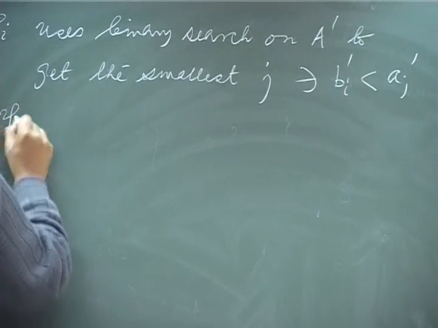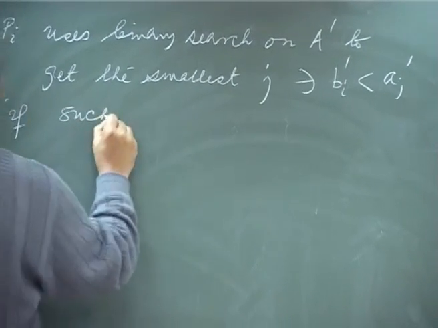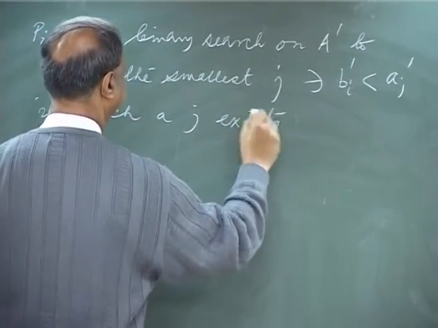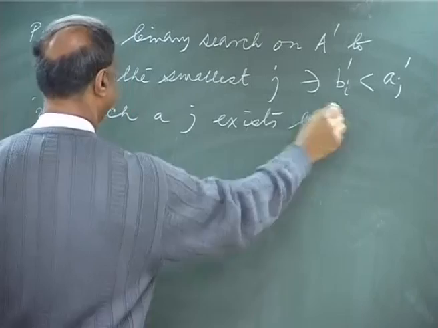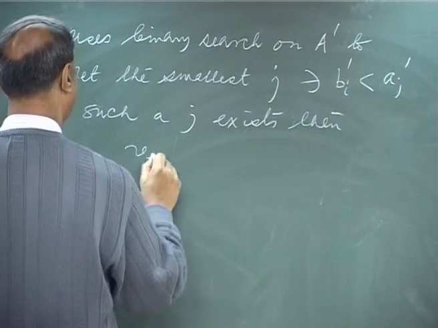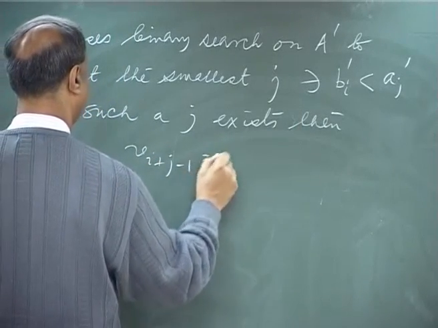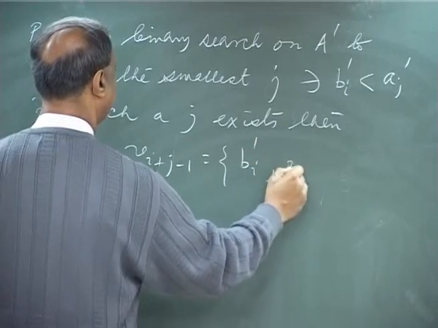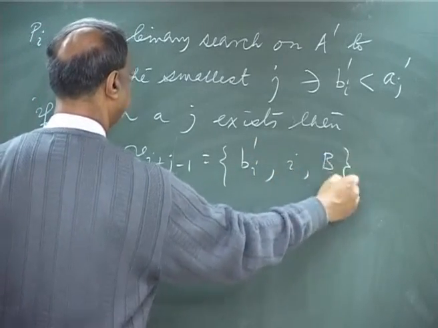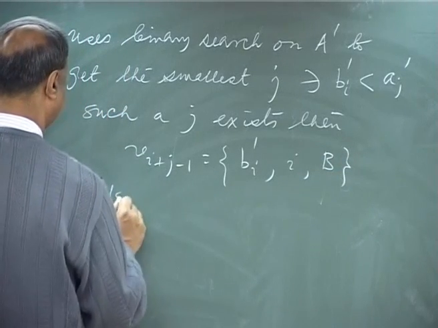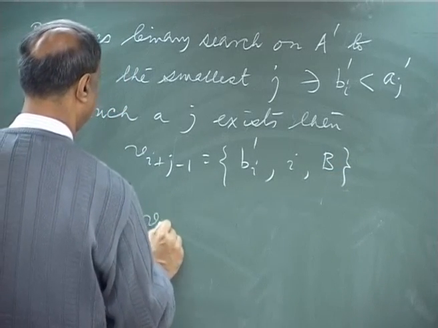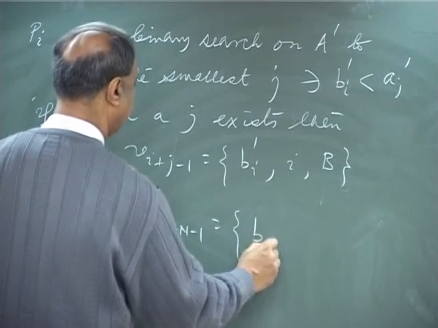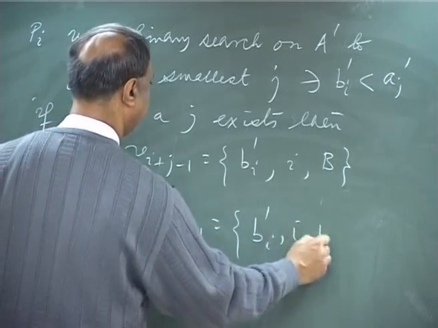If such a j exists, then V_(i+j-1) is B_i dash, i, B, else V_(i+n-1) is B_i dash, i, B.